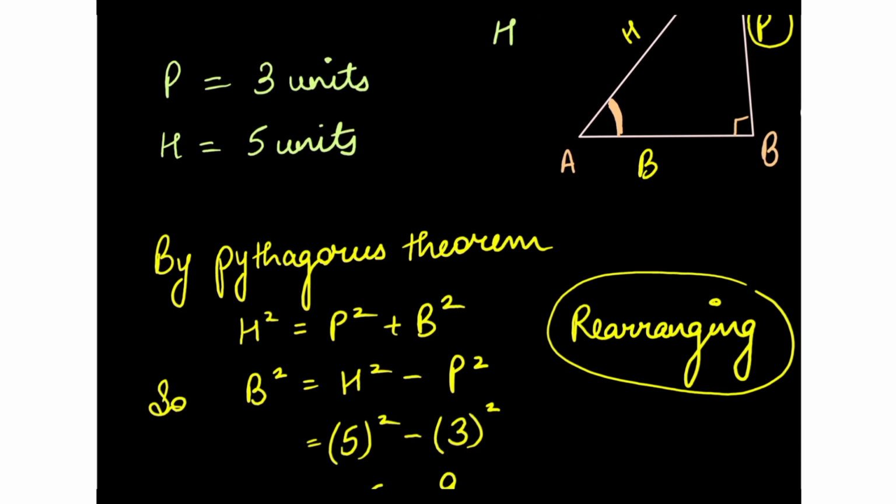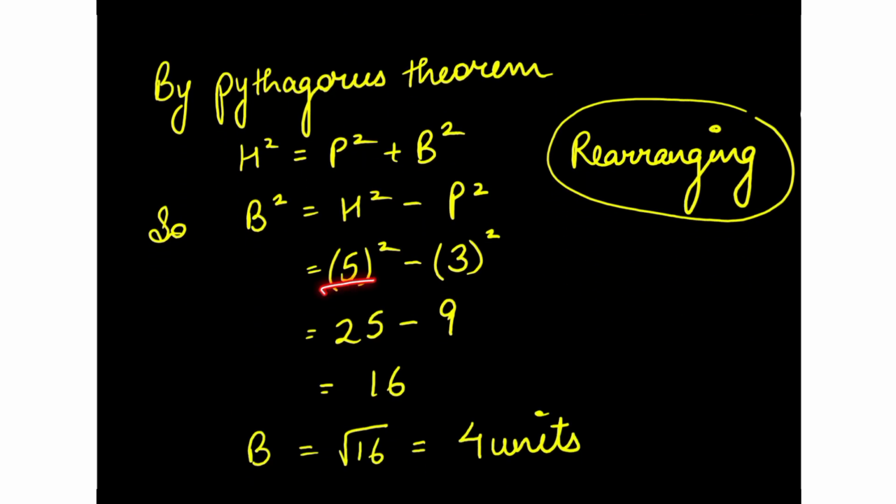Pythagoras theorem says that hypotenuse square is equal to perpendicular square plus base square. Now, we can rearrange this and say base square is equal to hypotenuse square minus perpendicular square, which gives us 5 square minus 3 square, and solving this we get the value of base as 4 units.